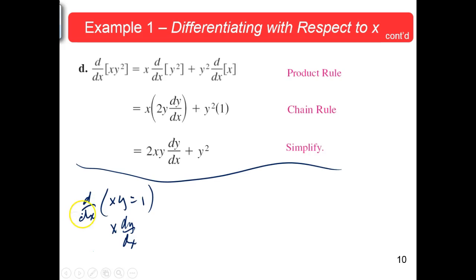That's just the first half of the product rule, plus y is equal to 0. We take a derivative of both sides. Oh yeah, okay. So what do we do now?